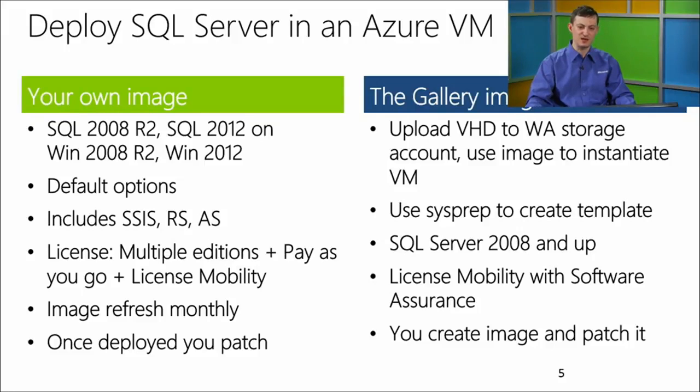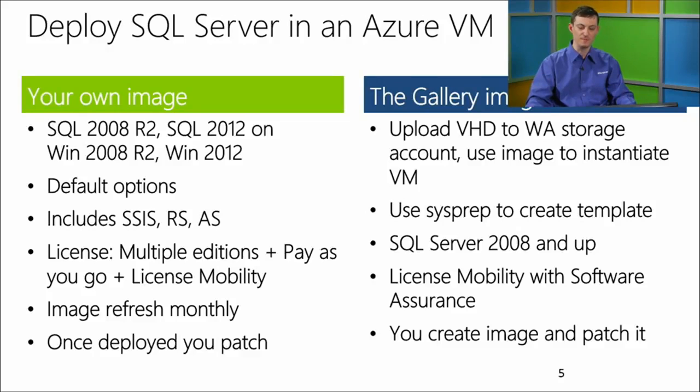And one other thing I would like to mention about your own image is that there are two different things you can do when deploying from it. You may deploy just an individual VM: you upload your VHD, create a VM from it, and you're ready to go. Or, if you need to deploy multiple copies of what you have as VHD content, you can use sysprep to prepare that VHD image as a kind of template.